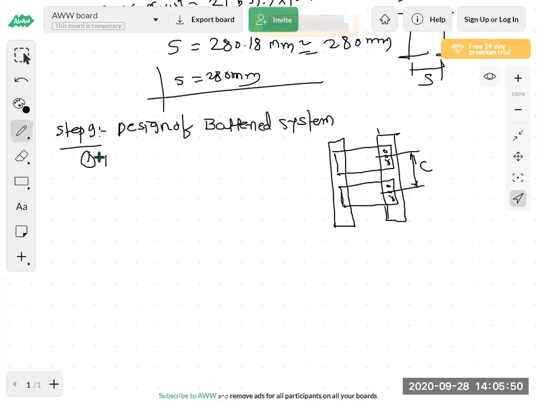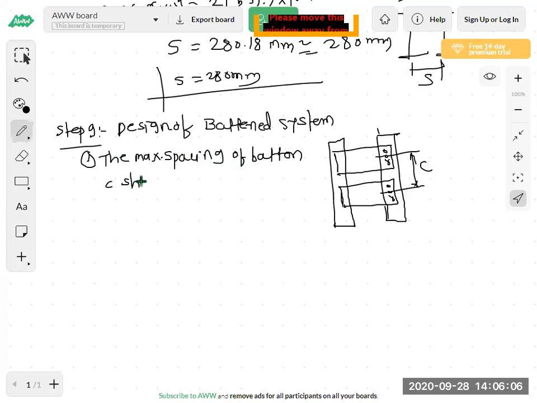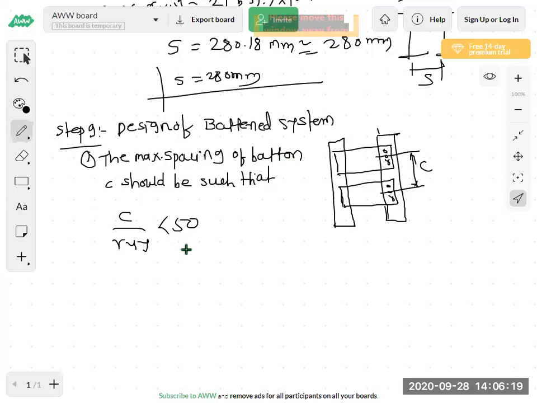Number one is the maximum spacing of batten. The maximum spacing of batten C should be such that C divided by RYY is less than 50.